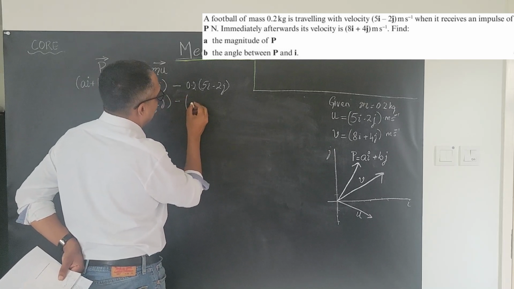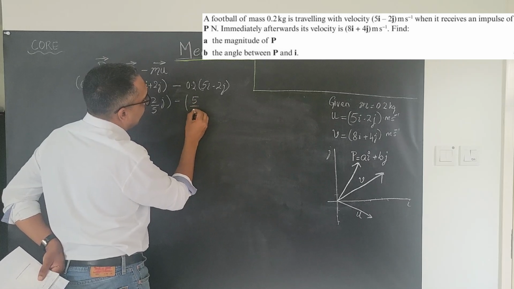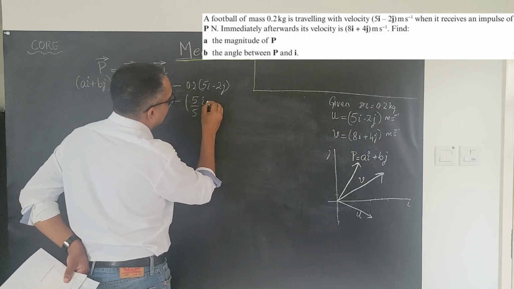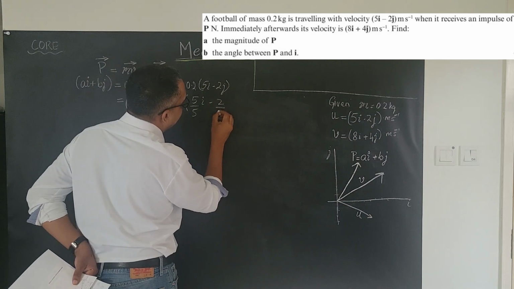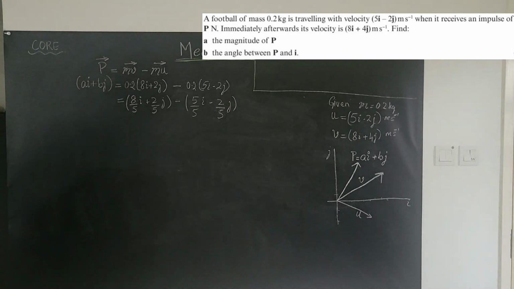minus 5 over 5 I minus 2 over 5 j, right?